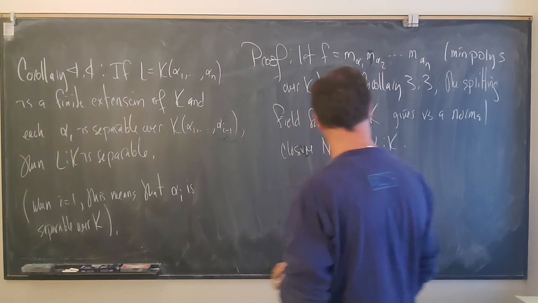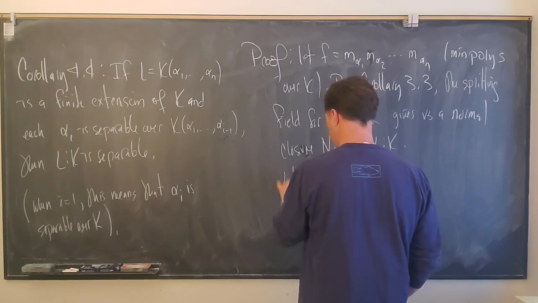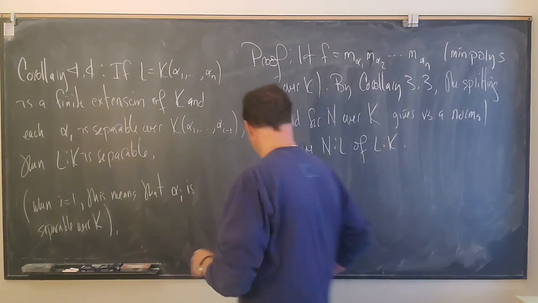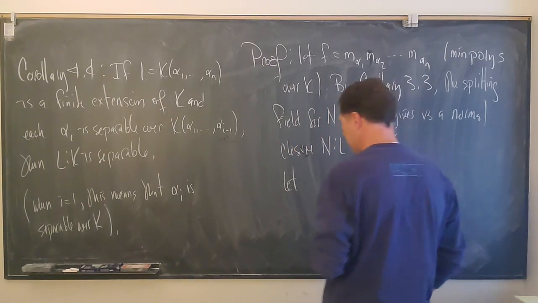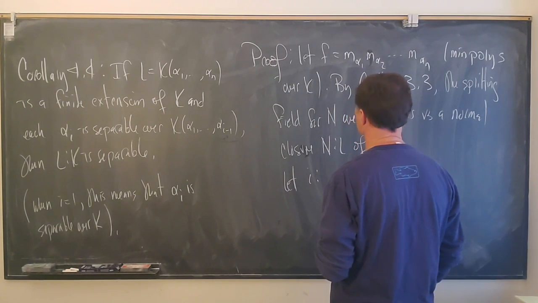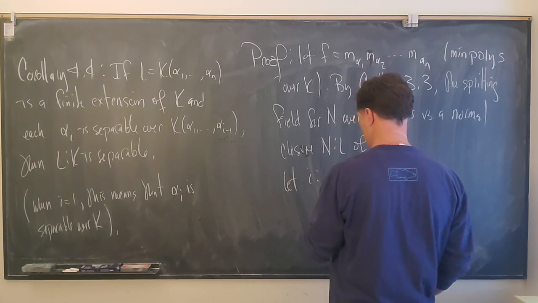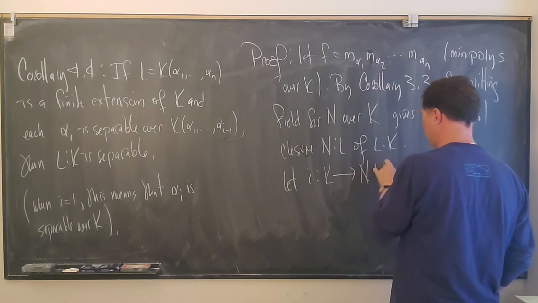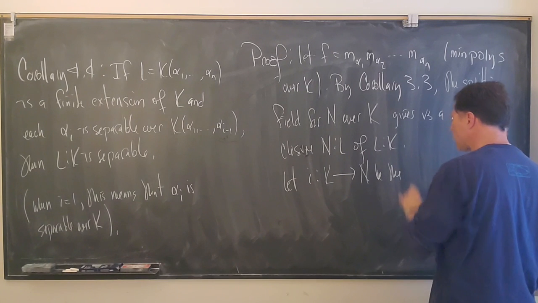Okay, so now, to prove separability, we're going to count. Let I from K into N be the inclusion mapping.